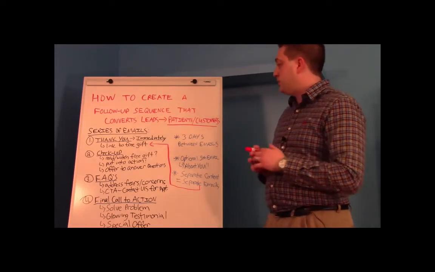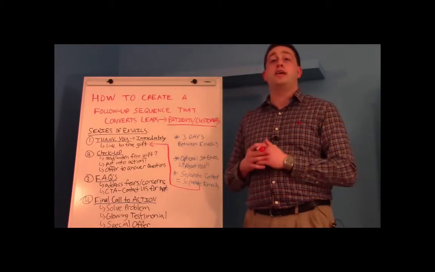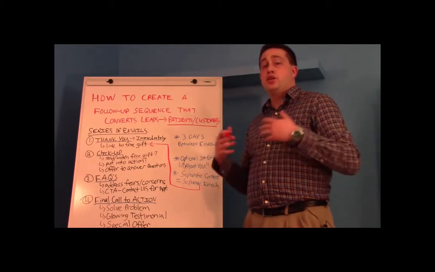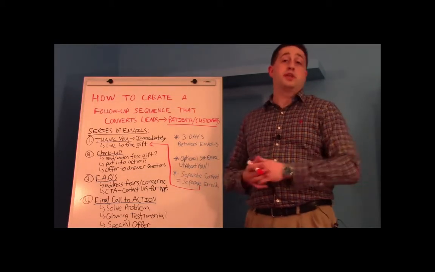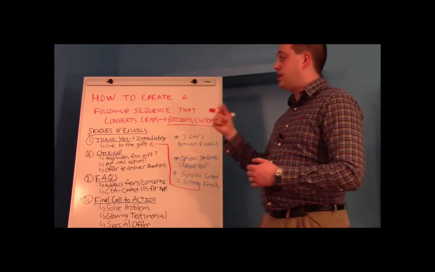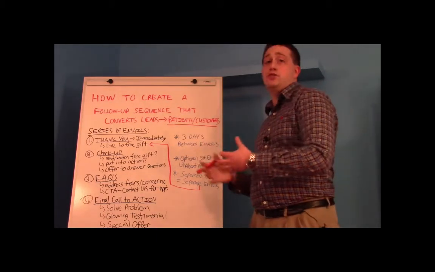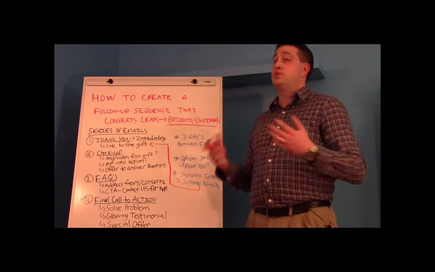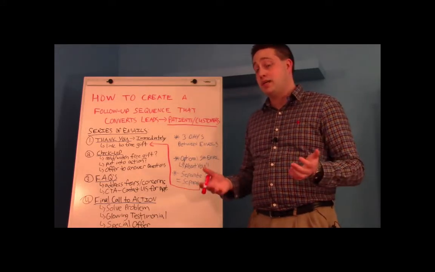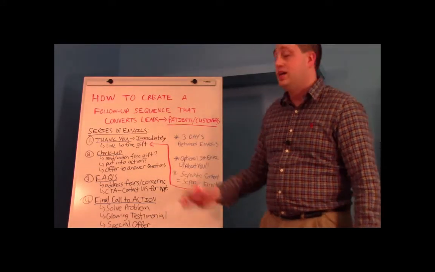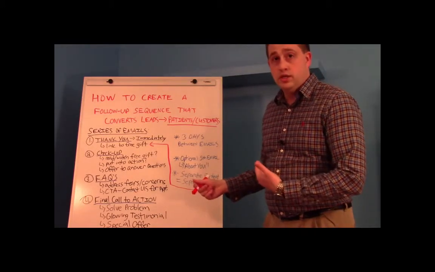The magic number has proven to be right around 3 days. You don't want to be emailing someone every single day, especially when they're a brand new lead on your list. Okay, people don't like the feeling of getting spammed, and even though you're delivering value, they're brand new to your list.